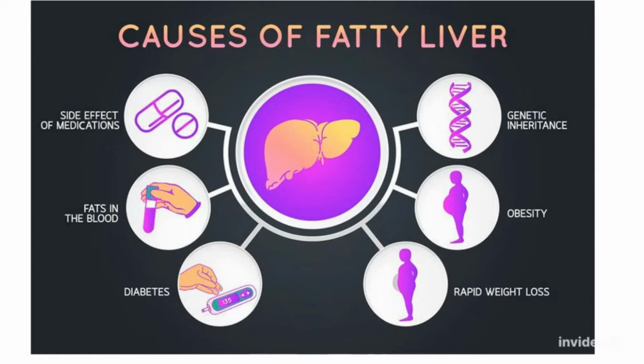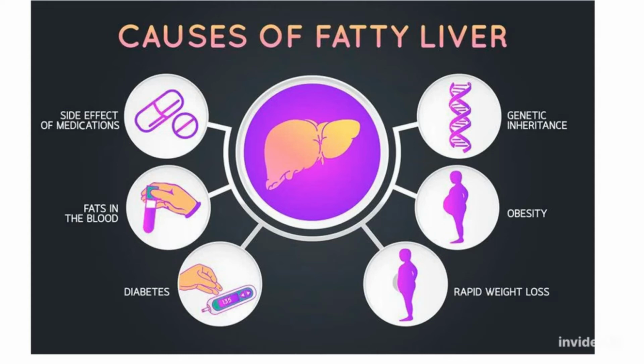Now let's discuss the causes of fatty liver. Some people get fatty liver disease without having any pre-existing condition, but these risk factors make you more likely to develop it. Drinking too much alcohol is the main reason for fatty liver.